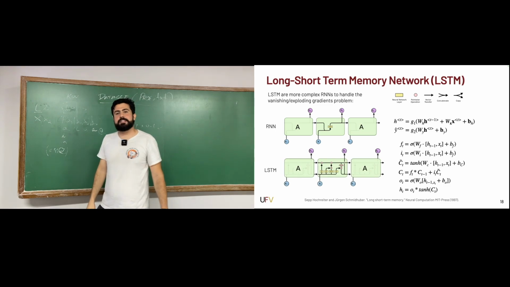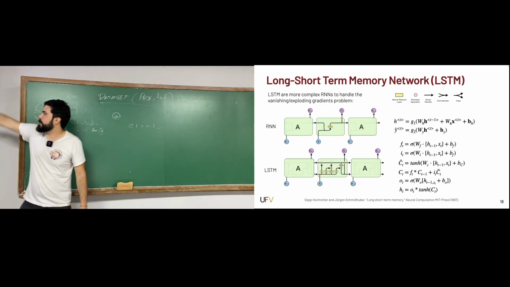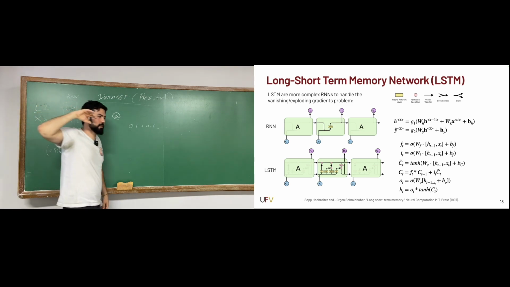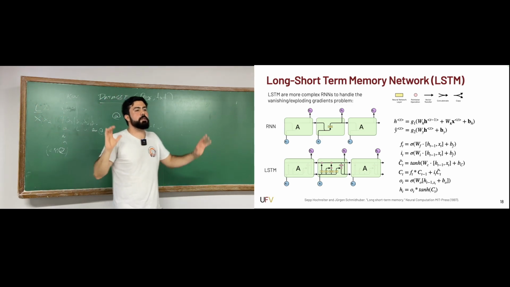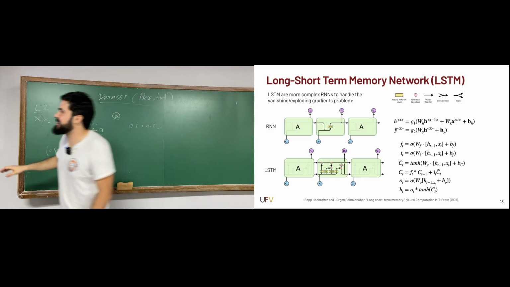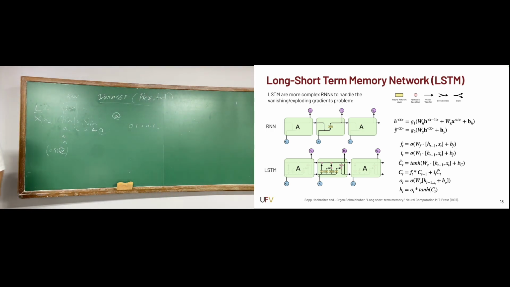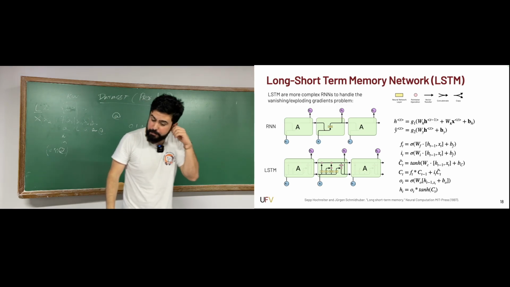And LSTM is just a more fancy, complicated set of equations. I put them all at once so you get scared. Whoa, wait, what's going on, right? And this is the circuit. So this is the flow of information in an LSTM. Let's see each one of them piece by piece.